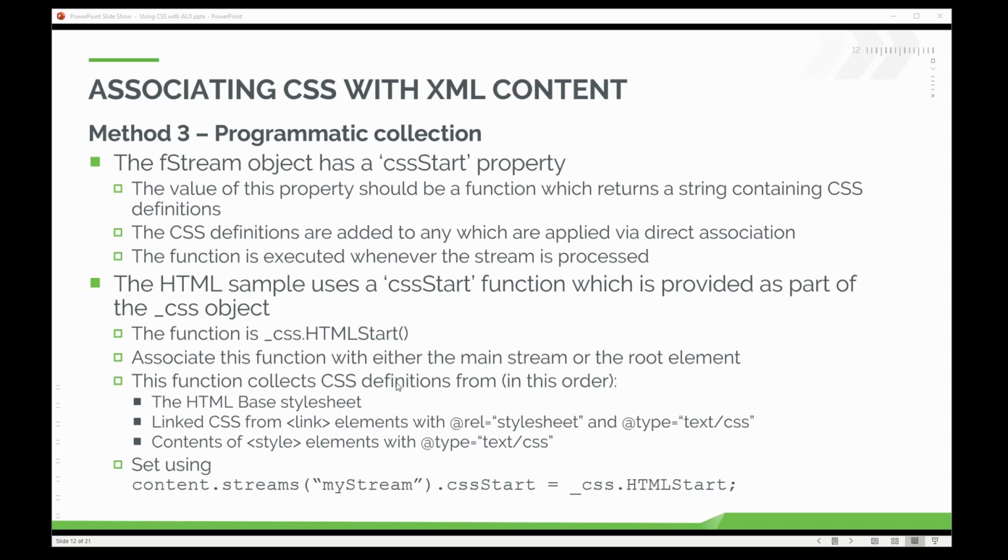That is a function which you can apply to the root of your HTML document or even to the containing stream itself. You can set it like this, as you can see down the bottom, and that will go and collect up CSS definitions from HTML base, from linked CSS style sheets, so if they're in external files or whatever, or style elements, the contents of style elements.